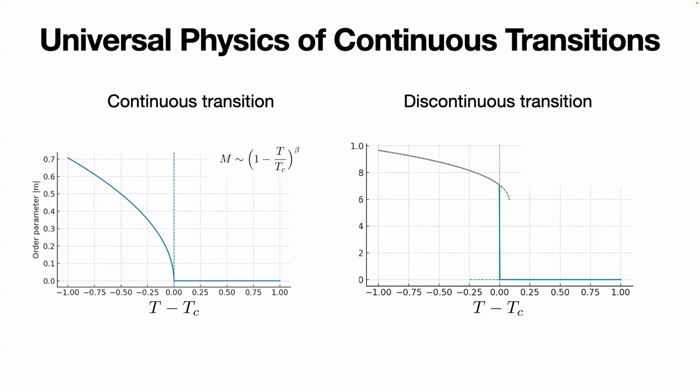And for continuous transition, as we approach the transition point or critical point, the order parameter decreases continuously. And usually such a process is described by some power law behavior with the universal exponent. But for discontinuous transition, the order parameter has a jump at the transition point. So this is very obvious.